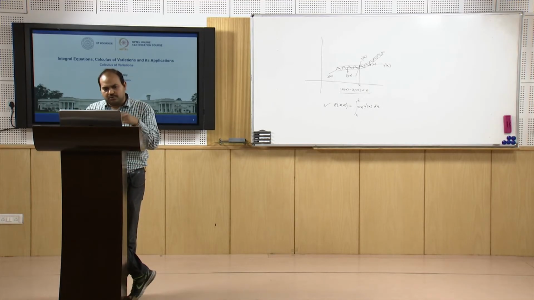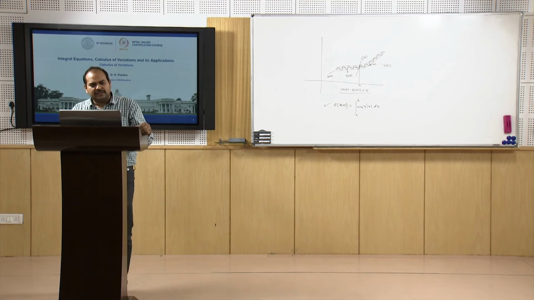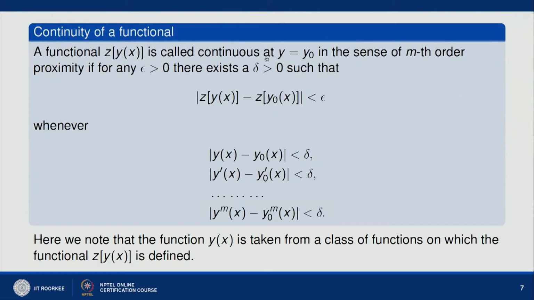Similarly, if we go to the definition of continuity of a functional, we can say that a functional J[y(x)] is called continuous at y equal to y naught in the sense of mth order proximity if for any epsilon greater than 0 there exists a delta greater than 0 such that the difference in functional values corresponding to y(x) and y naught(x) is less than epsilon whenever the modulus of y(x) minus y naught(x) is less than delta, the difference y dash x minus y naught dash x is less than delta, till the absolute value of y^m(x) minus y naught^m(x) is less than delta.